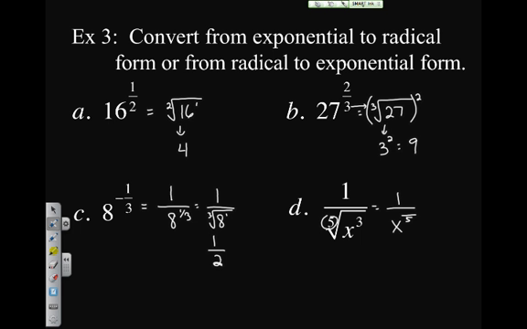And then the 3 becomes the numerator of the exponent. But we don't want to leave it like that because we don't want a fraction there. So we are going to simplify this by moving it up. And just like over here, the negative moved it down to the bottom. When we move this up, it becomes x to the negative 3/5 power. And that's our answer in exponential form.